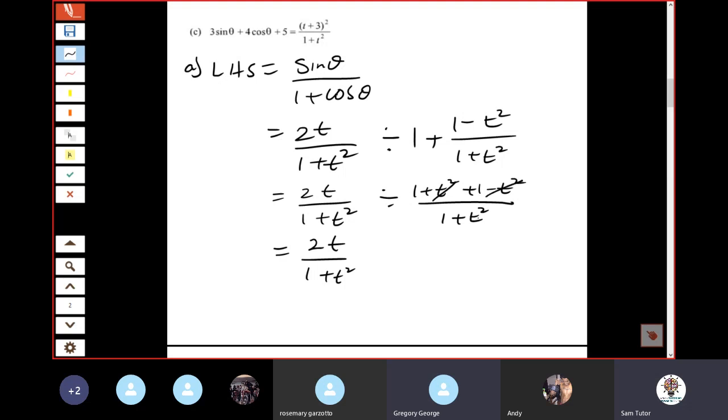And then you could cross out the 2t. What are you going to do with this fraction that you're left with, 2 on 1 plus t squared? You would flip it over to get 1 plus t squared, and then you would cancel out, and it equals t.